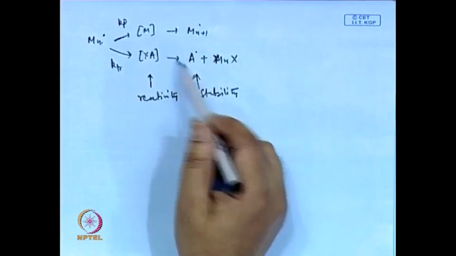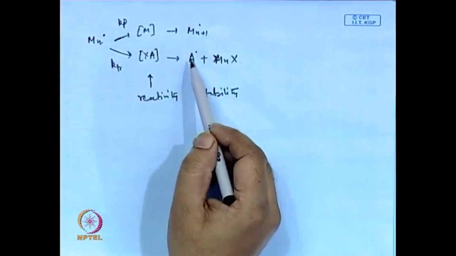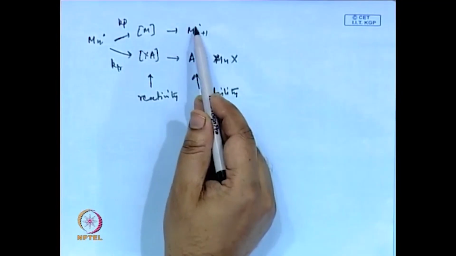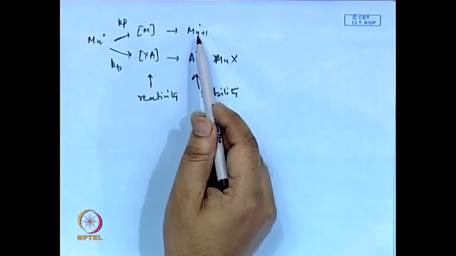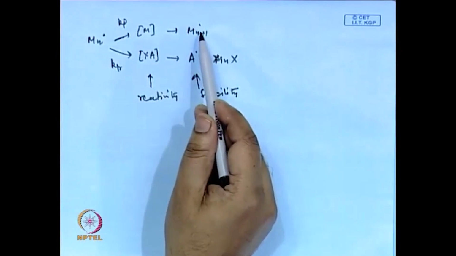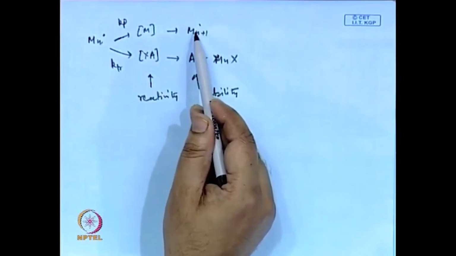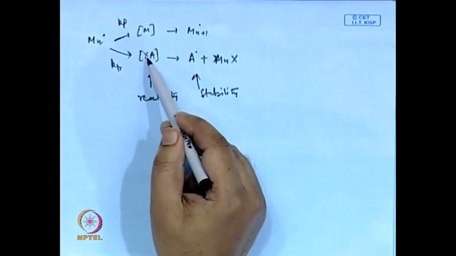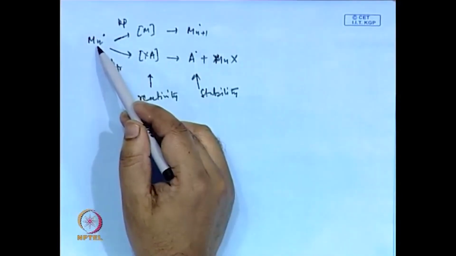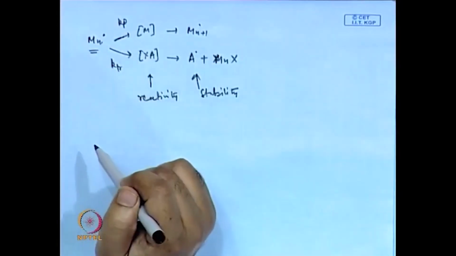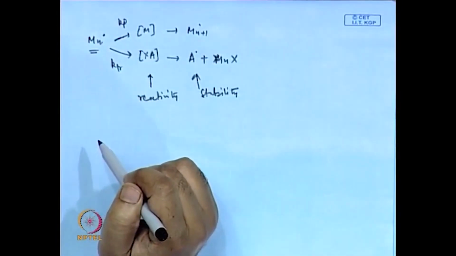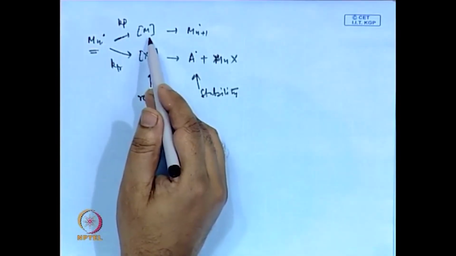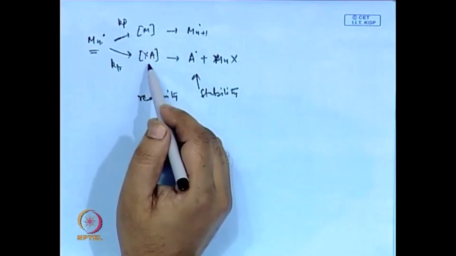If it is more stable, then this reaction will dominate over the original propagating reaction. If this M_n dot, which is the original propagating radical, is more stable, then obviously the propagation will be the more preferred reaction over the transfer reaction. If the reactivity of the original propagating radical is very high, then it cannot distinguish to that extent.